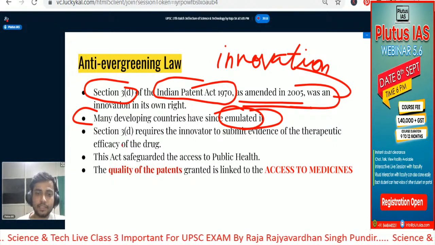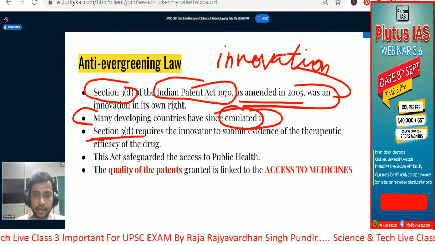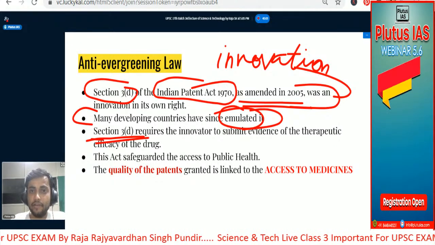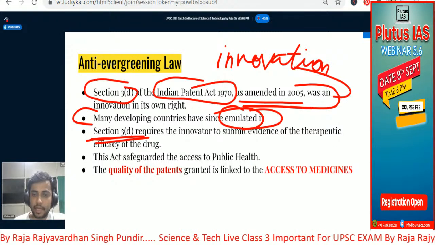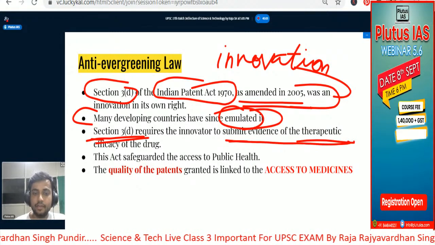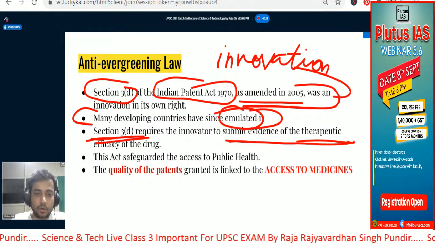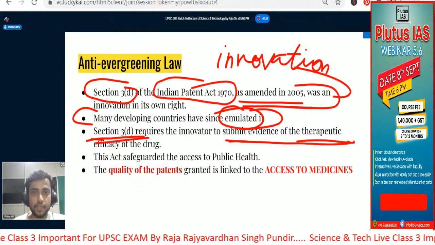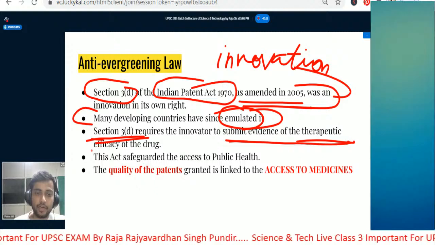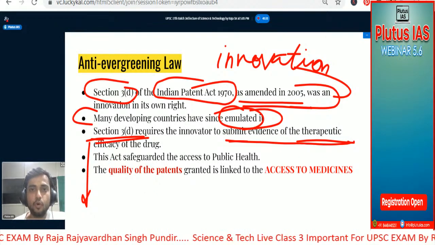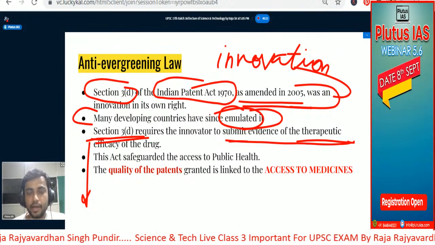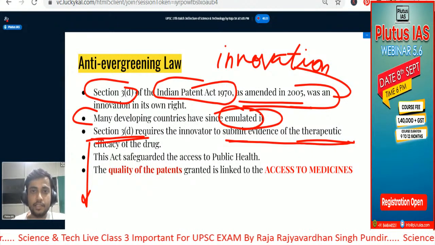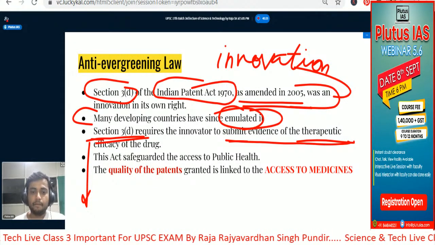So this Section 3D of the Indian Patent Act 1970 requires the innovator to submit evidence of the increased therapeutic effect, the increased efficacy of the drugs. By virtue of this section, the innovator has to prove that the new drug will be more beneficial and will have increased efficacy in patients.